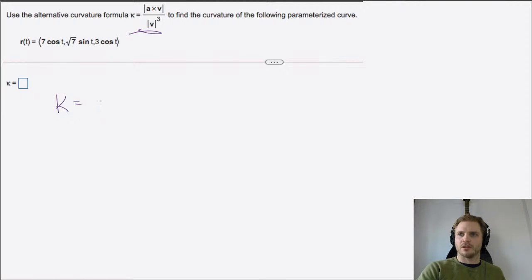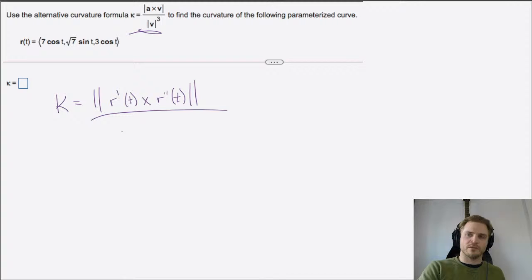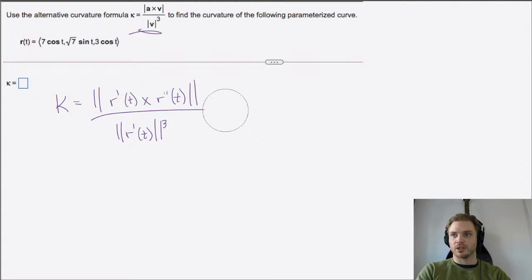It's the magnitude of the first derivative crossed with the second derivative, and then you divide that by the magnitude of the first derivative cubed. Okay, let's see what we can do.